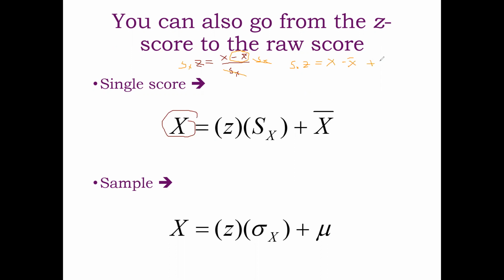So now we just add the mean of x to both sides, and this one cancels out, and we get mean of x plus the standard deviation of x times z. We could put parentheses around this if we wanted to, but we don't need to. That equals the raw score. So refer to this PowerPoint if you forget how to solve for x.